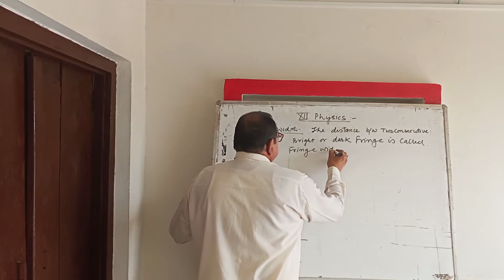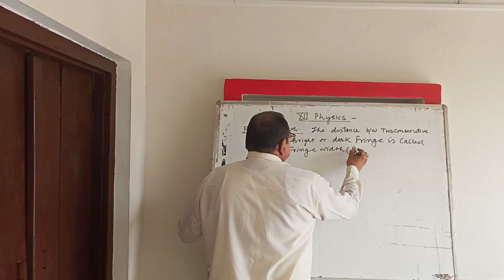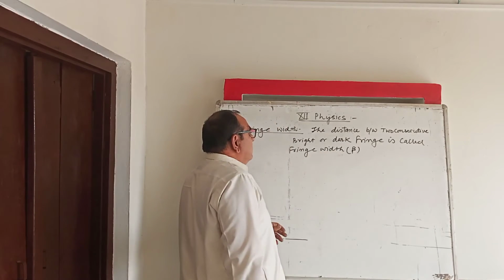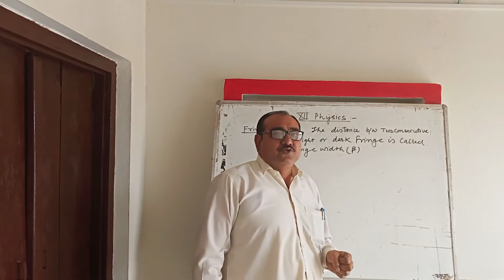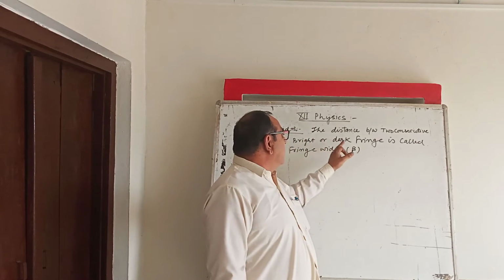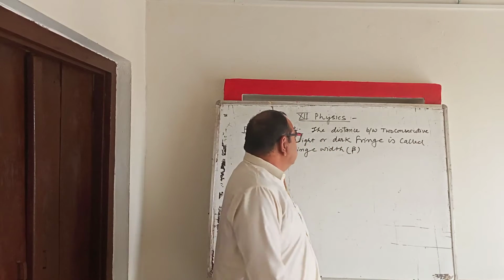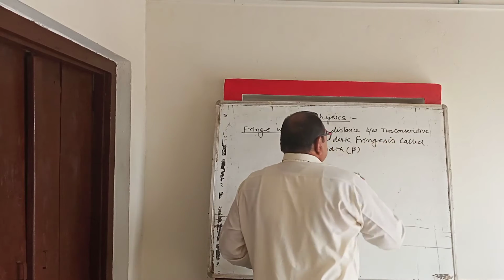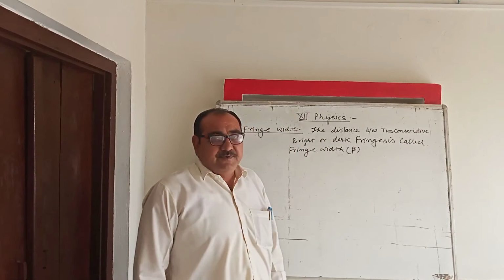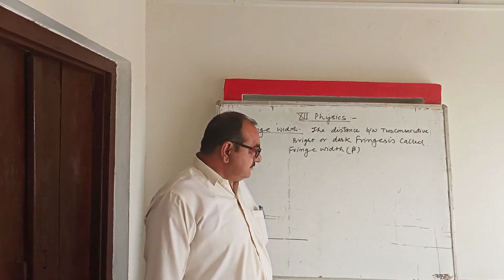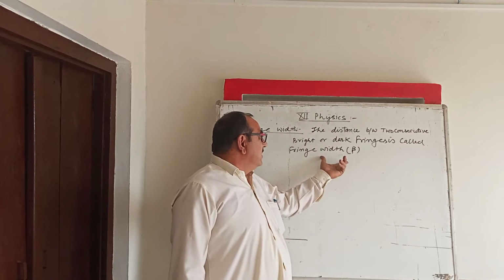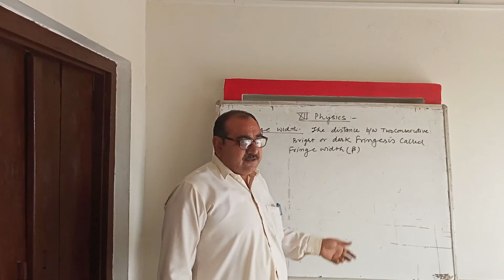Fringe width is represented by beta. The distance between two consecutive bright or dark fringes is called fringe width. Now, I will derive the formula for the fringe width.